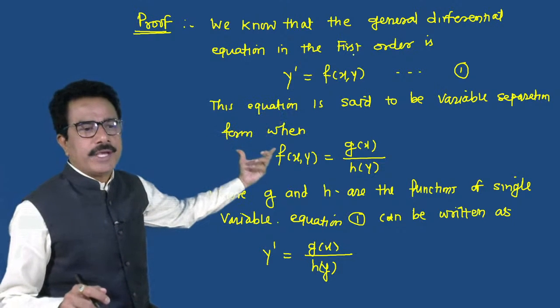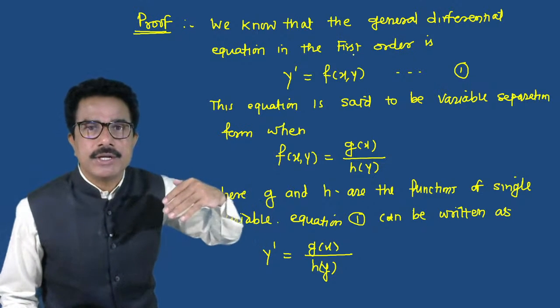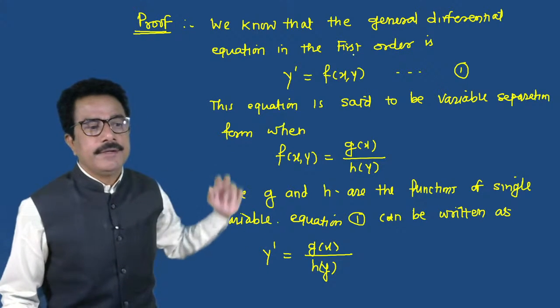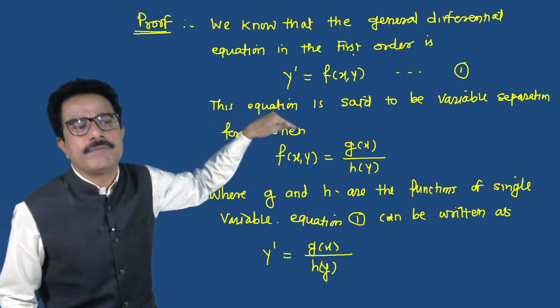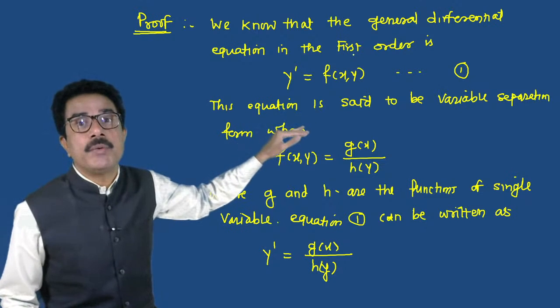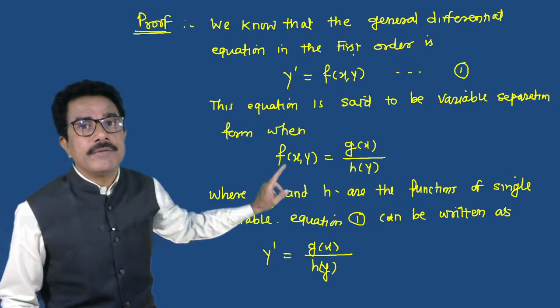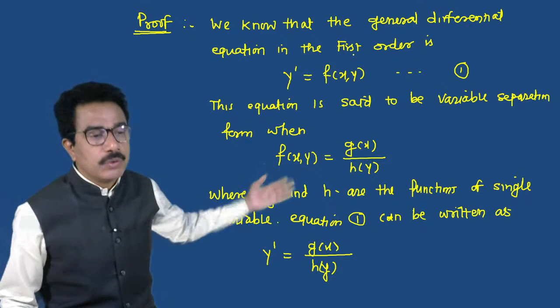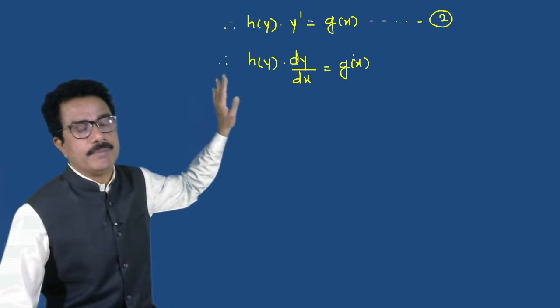Replace this f of x comma y, because f of x comma y is a function of mixed x and y. If we replace this f of x comma y, then our general differential equation becomes g of x, which is a purely function of x, and h of y, which is a purely function of y. Due to this replacement we can get the variable separation form.